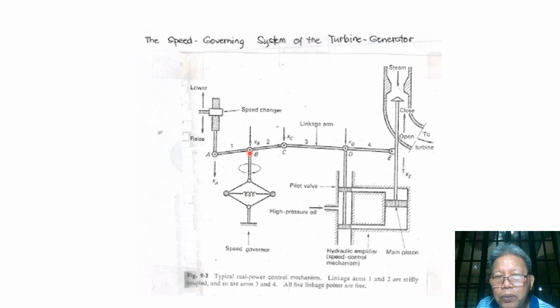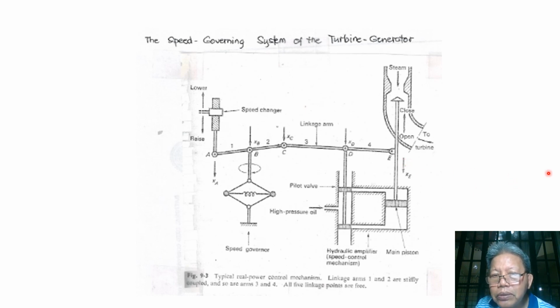When this is pulled down, it also pulls point C down, and that in turn pulls down point D. When the generator is speeding up, it means that it utilizes more steam, because more mechanical power is inputted to our generator.